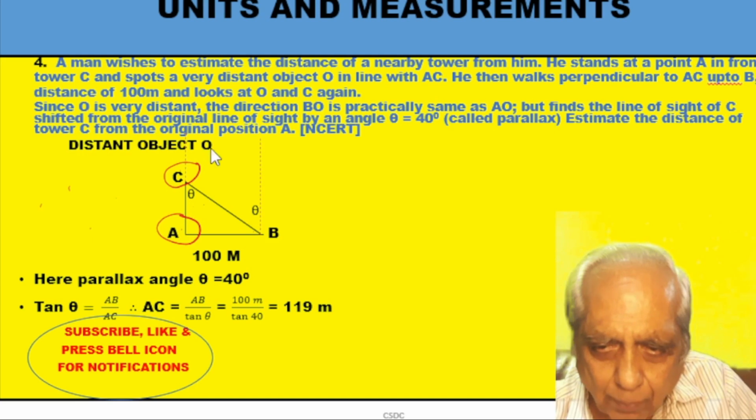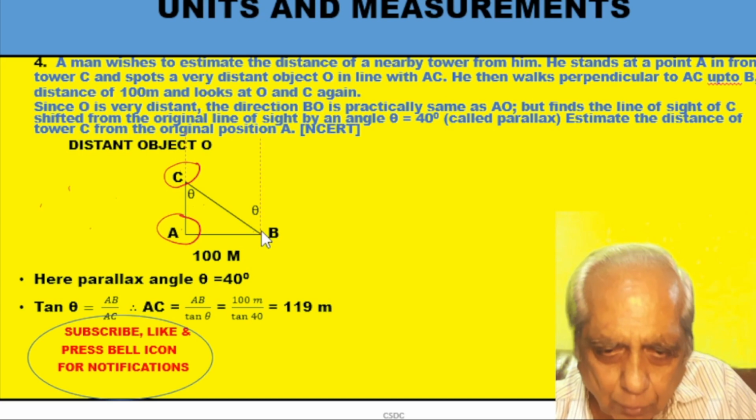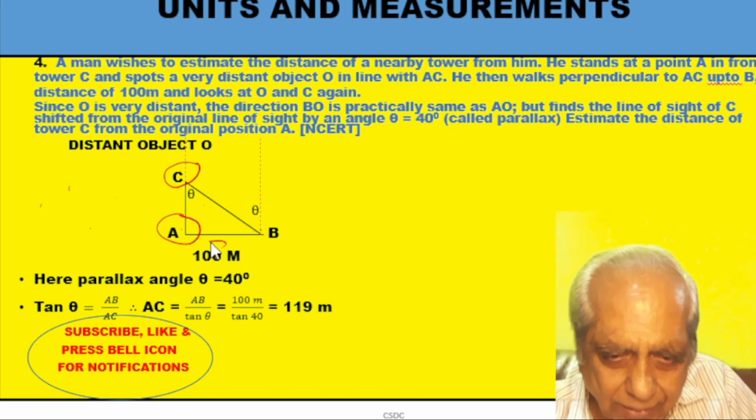He is walking perpendicular to AC. So this is AC. He is walking along AB up to point B such that AB is 100 meter.